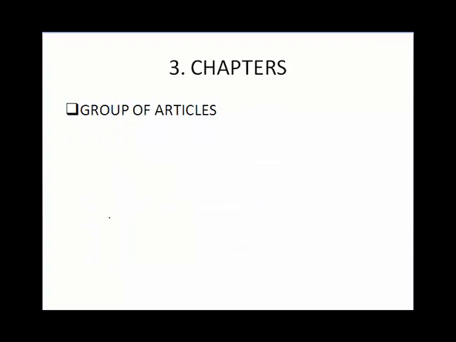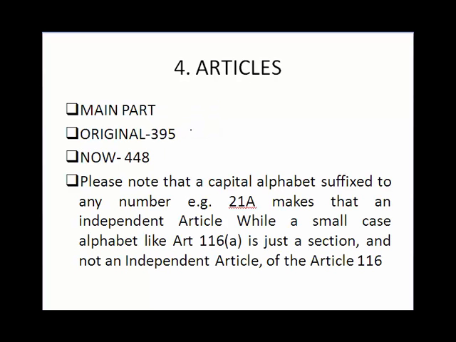And next, what do you mean by chapters? What actually do chapters consist of? Very simple. It consists of articles. Chapters means it's nothing but a group of articles. Next, what do you mean by articles?